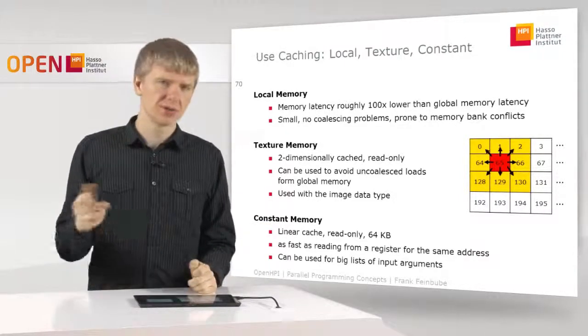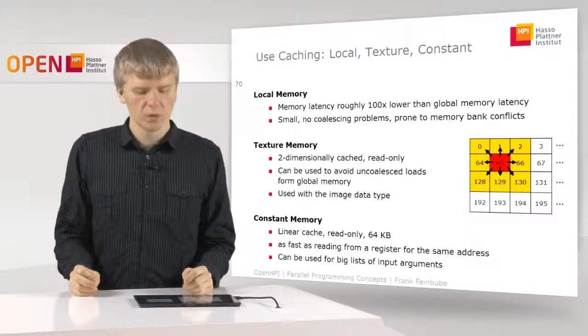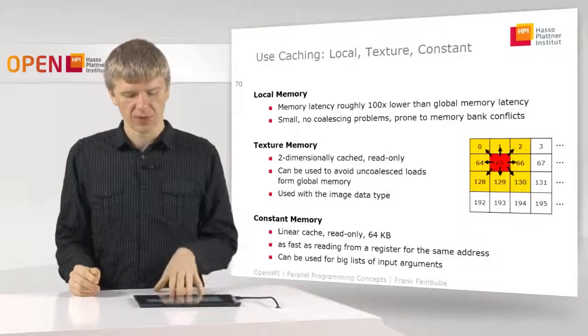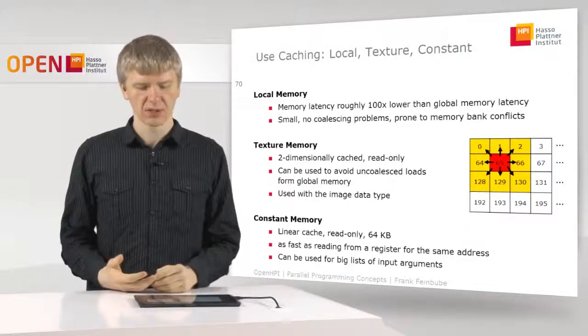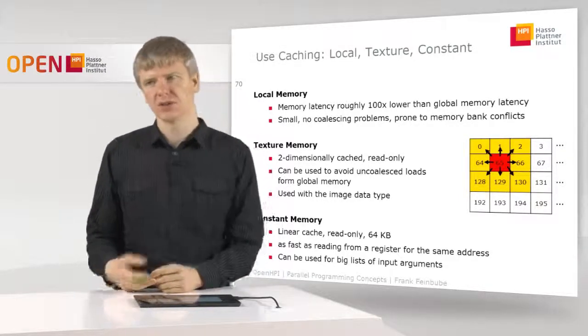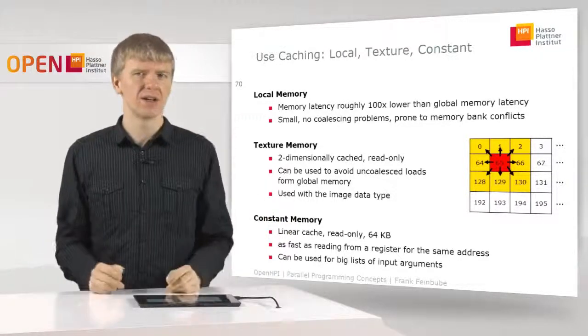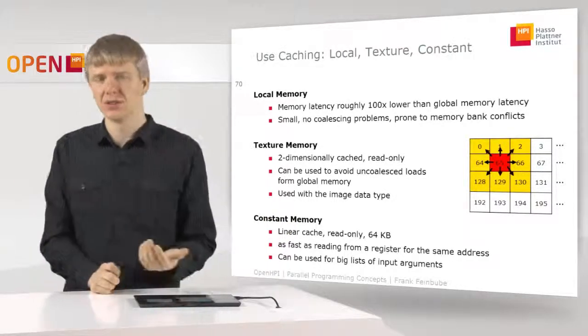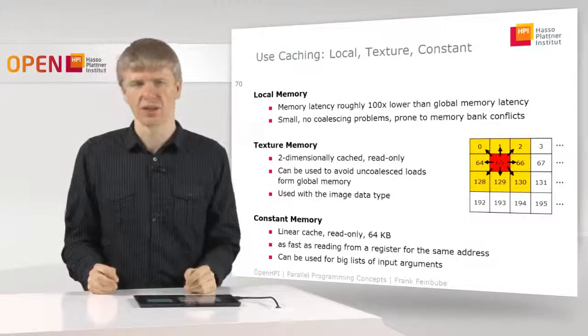And in addition to this two-dimensional cache, you also have a one-dimensional cache, this constant memory, which is a linear cache. It is also read-only. It's pretty small, and a good way of using this would be to put the input parameters there, because all of your threads are going to have the same input parameters, and usually you just read them anyway, and then they don't need to put them into registers, but they can use the constant memory in order to access those.